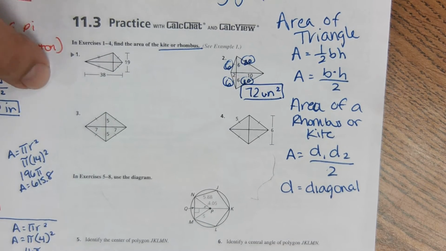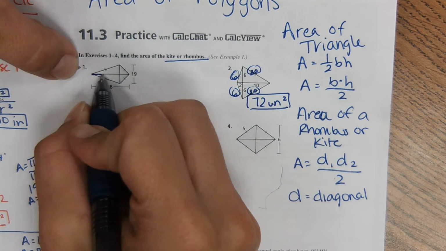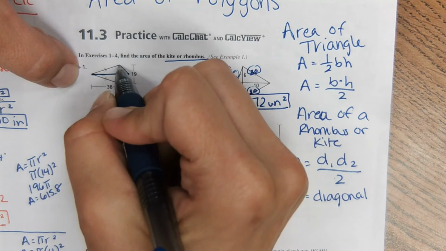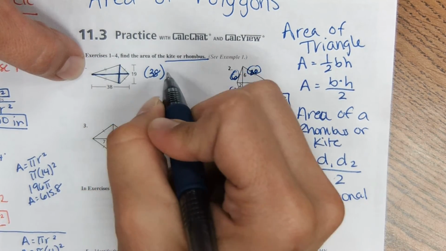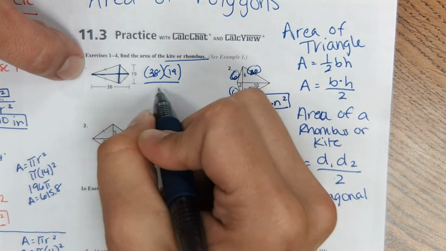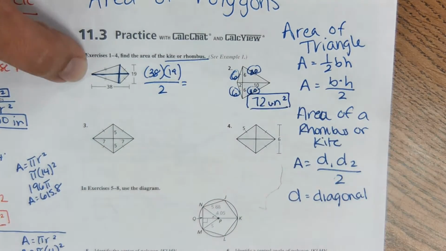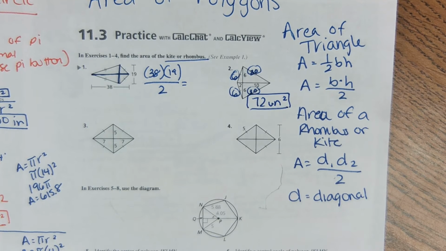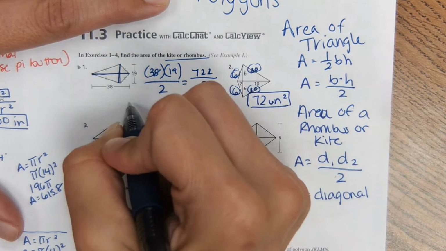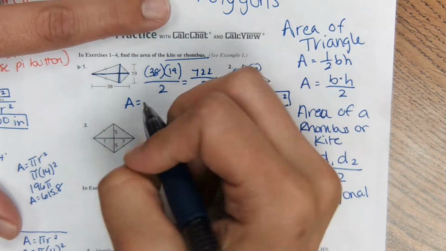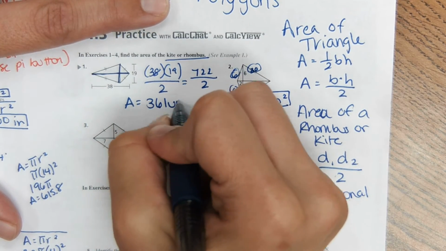So for example, with number 1, the length of this diagonal is 38 and the length of this diagonal is 19. So diagonal 1 times diagonal 2 and then divide by 2. This comes out to 722 divided by 2. The area of this shape is 361 units squared.